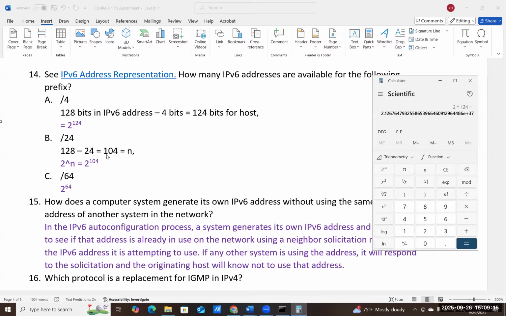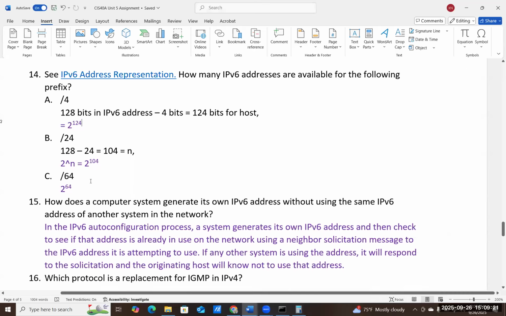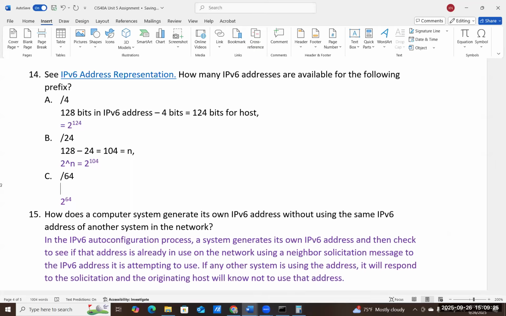Same thing with 64 here. If you have a prefix of 64, I simply take 128 and subtract 64, which gives me 64. Oh, I meant 64 and I typed 65. Then I plug that into the exponent, which is the n value.